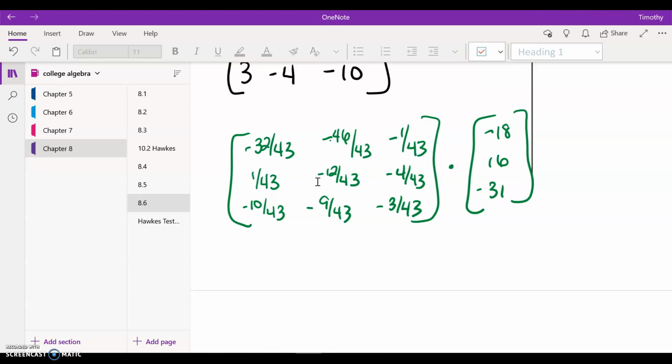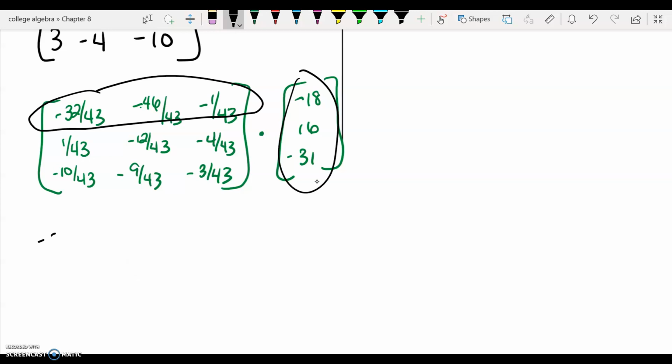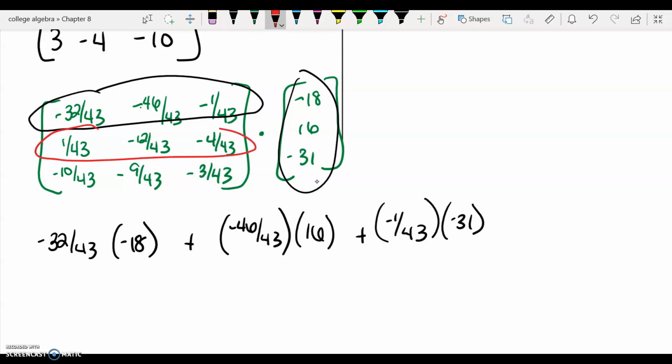You can multiply matrices. But we're going to do these 3 times these 3. So that would be your first number. Then you would do row 2 times these 3.